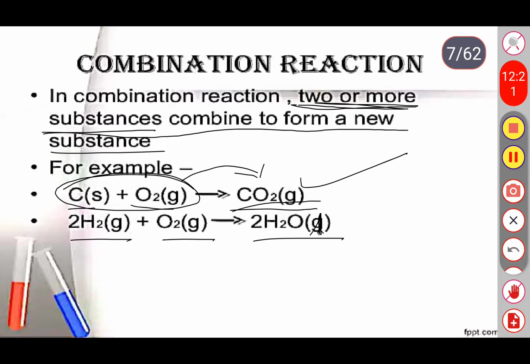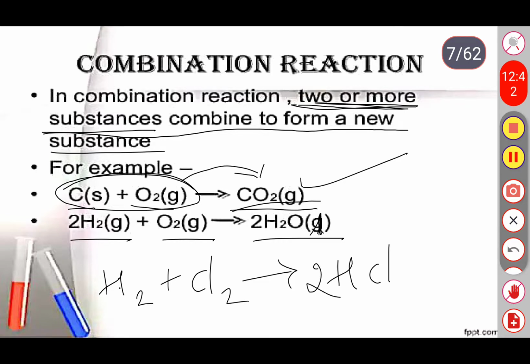When hydrogen is combined with chlorine, it forms hydrochloric acid, HCl. When H2 is combined with Cl2, it forms 2HCl. Hydrogen chloride is highly soluble in water to form hydrochloric acid.